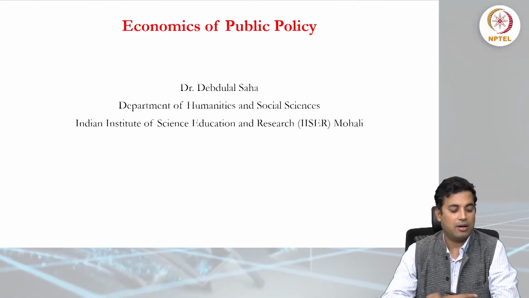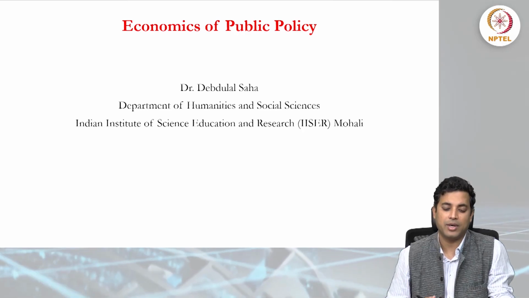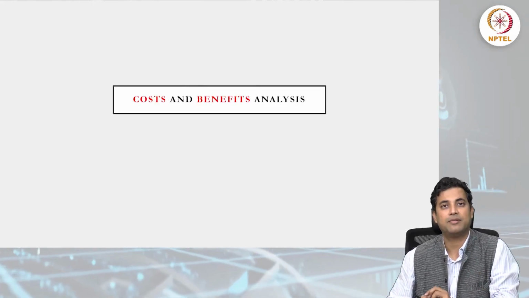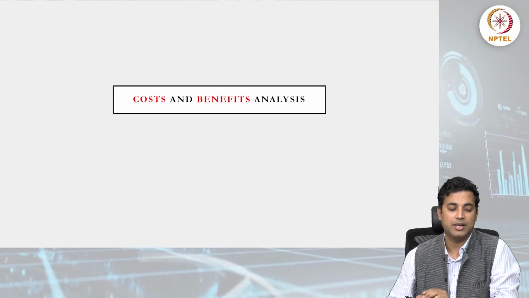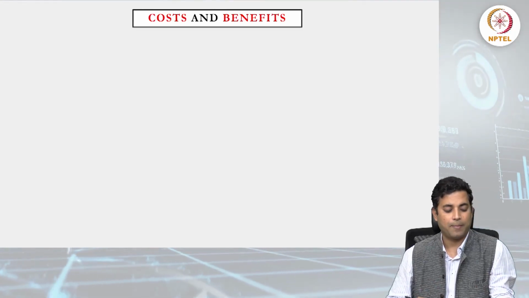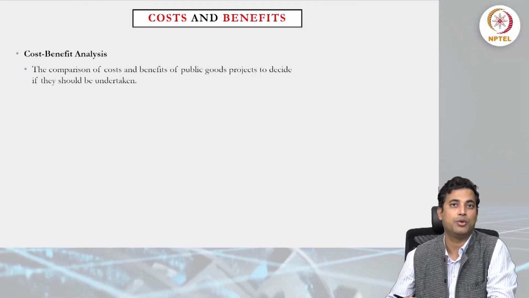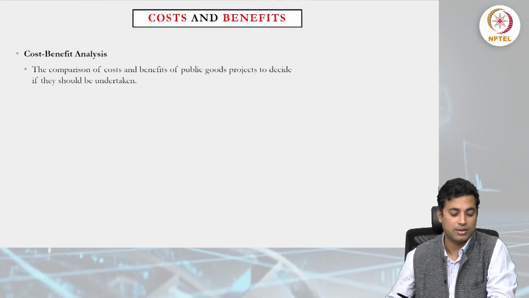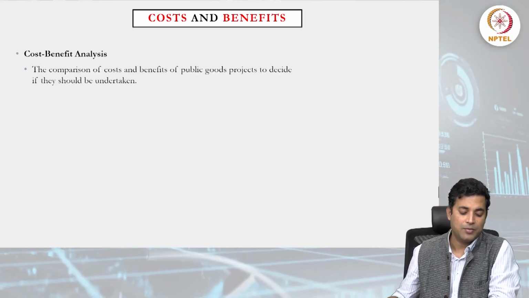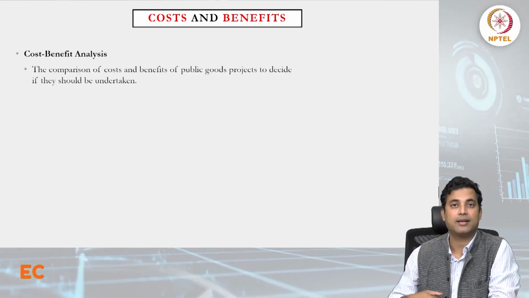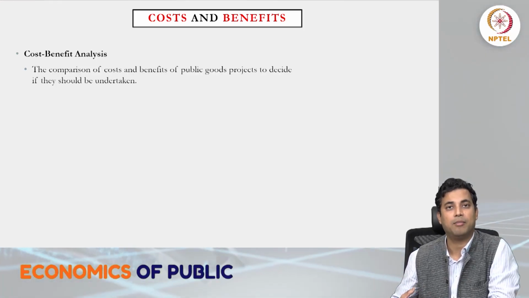So there are various ways in which we calculate cost and benefit. We'll discuss this in more detail, but first let us begin with what we mean by cost benefit analysis. It is the comparison of the costs incurred for any public policy.